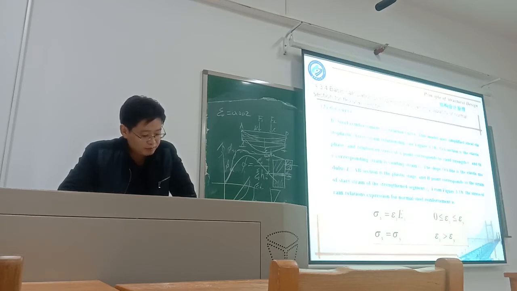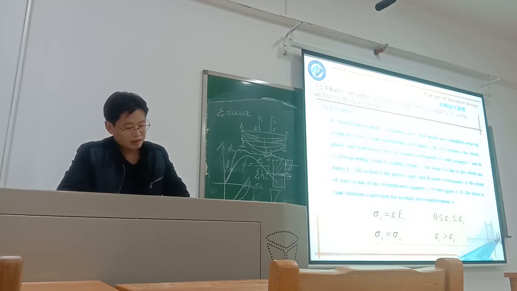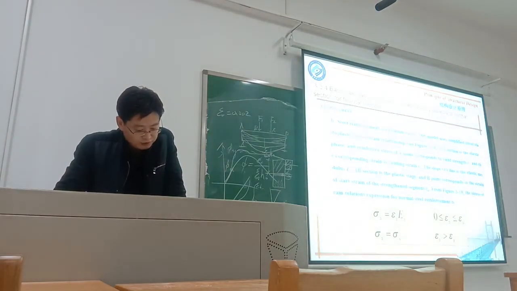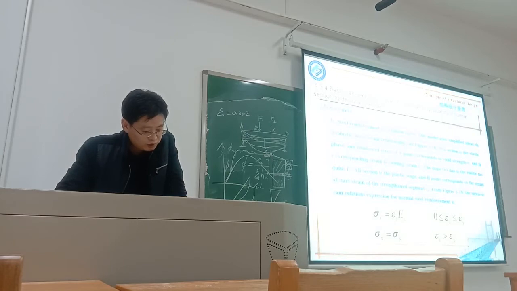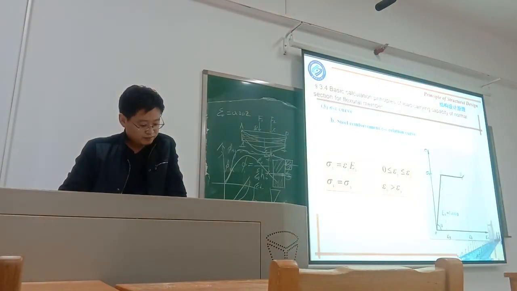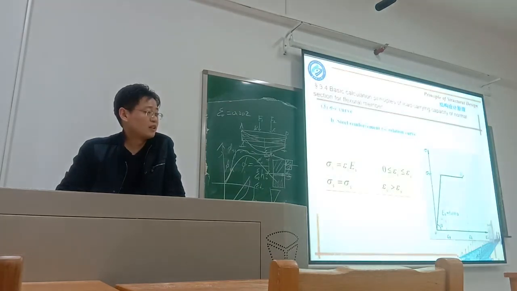The AB section is the plastic stage, and point B corresponds to the strain at the start of the strengthening segment, epsilon k. From this figure, the stress-strain relation uses this formula. It's very simple, just like this. This slope is the modulus E.